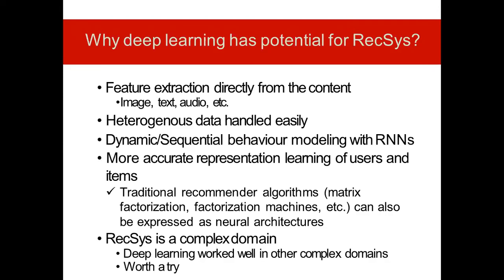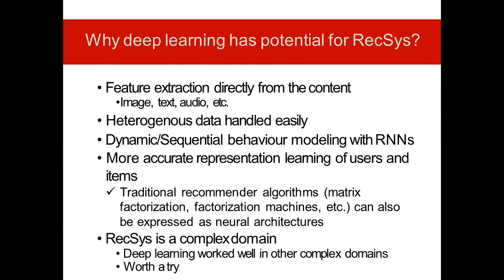Deep learning techniques are very useful to extract features directly from that content, and they can handle this heterogeneous data very easily. Basically, we can embed multimedia or heterogeneous data into the same latent space.